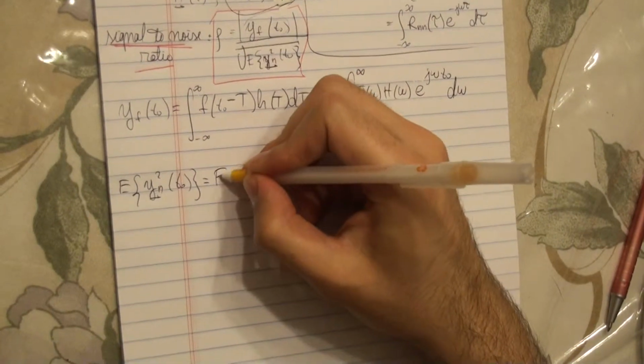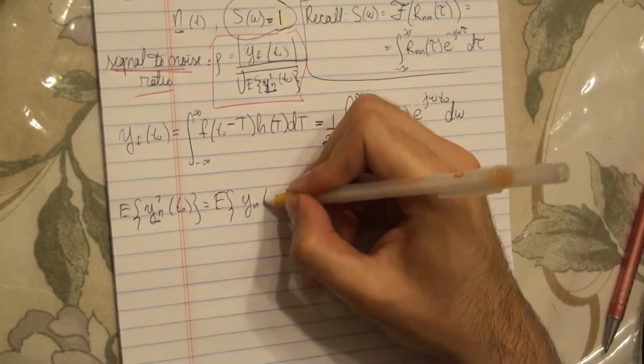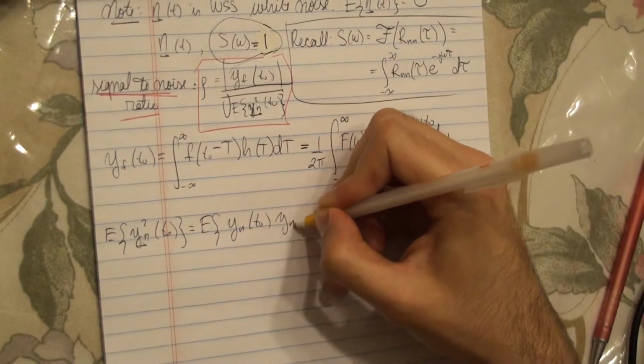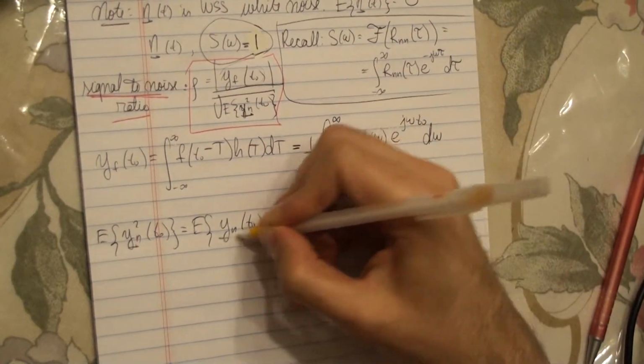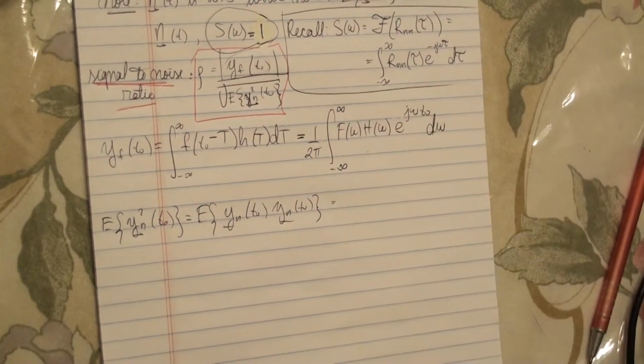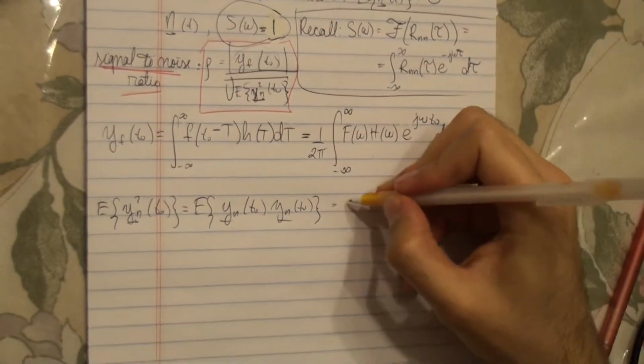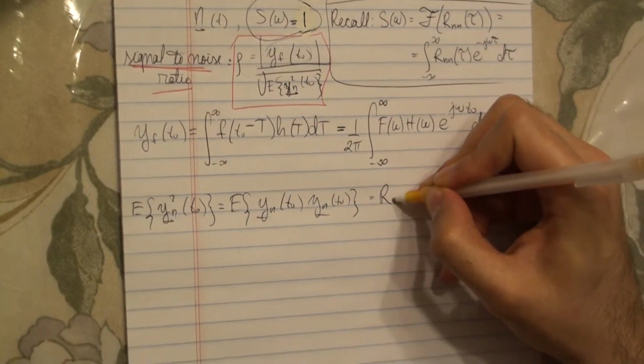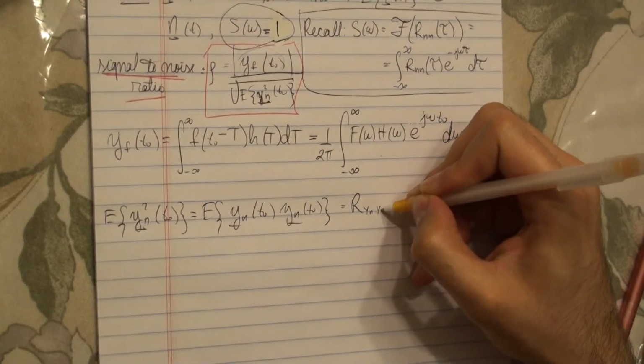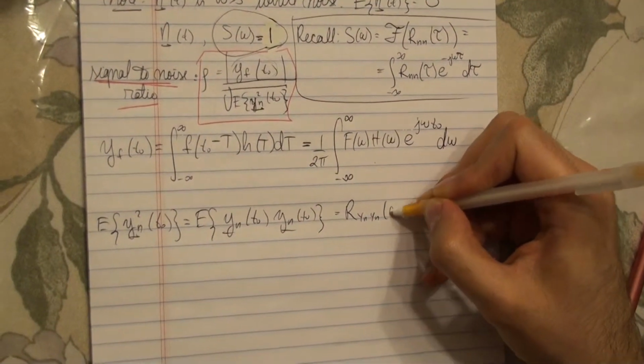So what is this equal to? It's the expected value of yn of t naught times yn of t naught, which is equal to the autocorrelation of yn at 0.